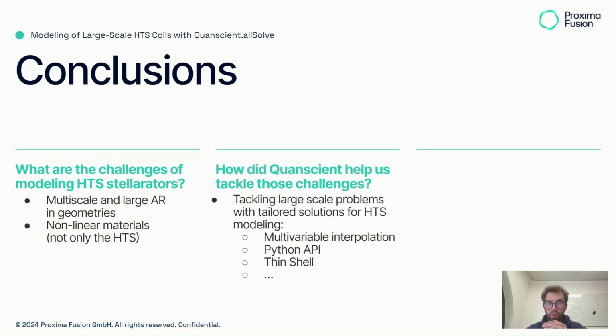But how Quanscient is helping us is really tackling large-scale problems as we need, where we cannot use specific symmetries. One of the things that I appreciate the most is the tailored solution for HTS modeling that they've been developing, ranging from multivariable interpolation, Python API, the Thinshell, and many more that are in production.